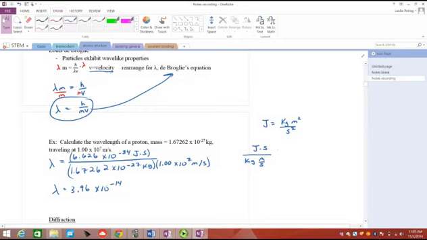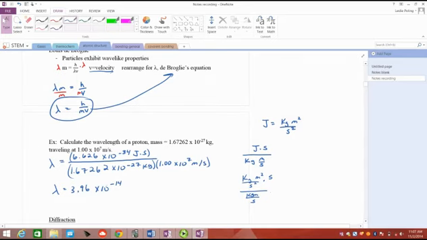So let's plug that in. Kilogram meters squared per second squared times seconds is what we have on the top, and kilogram meters per second is what we have on the bottom.